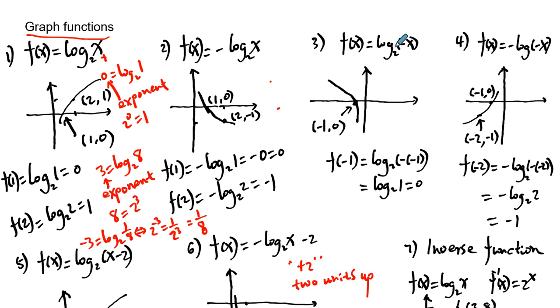How about log base 2 of negative x? We were told this quantity has to be positive. How could you put a negative sign right here? Well, consider negative x needs to be greater than 0.